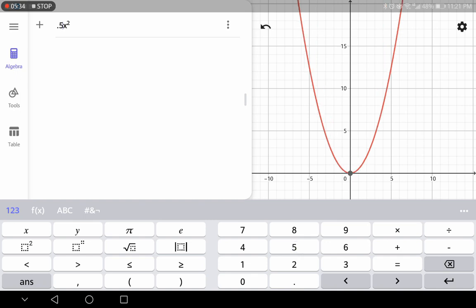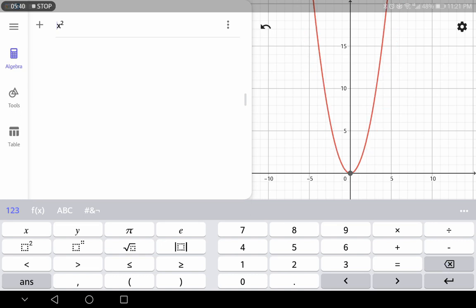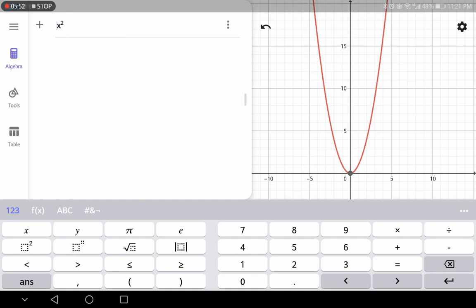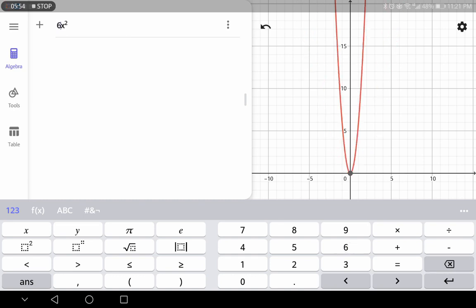Less than 1 will be wider. I will make it 0.9, then 0.5. See? Wider. Now greater than 1, like 6x squared. See? It will be narrow. Do you understand the relation?